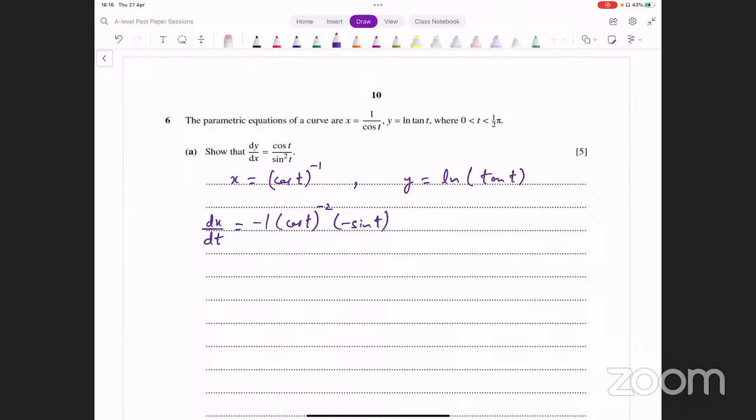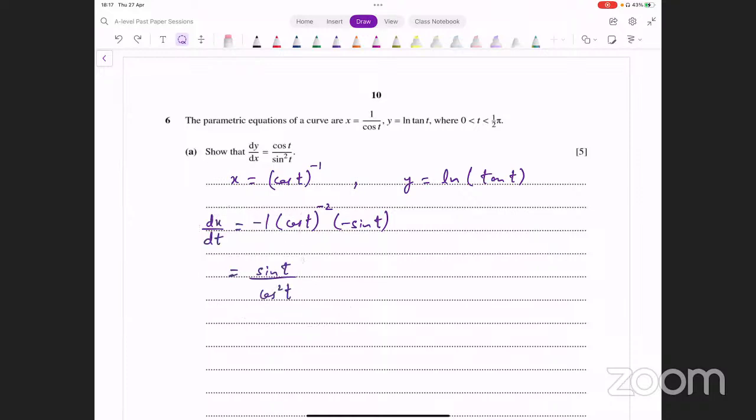The derivative of cos is minus sin. Okay, now we can simplify this: minus into minus becomes plus, and we could write this as sin t over cos square t. You could write this as tan t over cos t, but the question doesn't use tan anywhere in what it asks us to prove, so it's better not to use that. Let's keep it in terms of sin and cos. This is dx over dt.